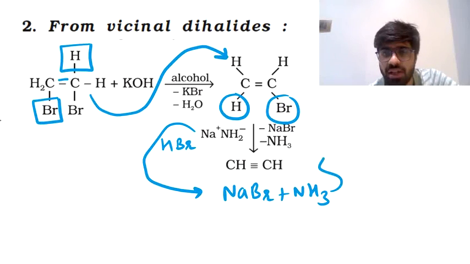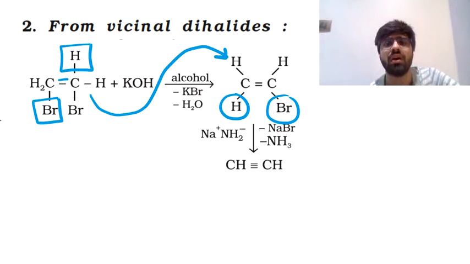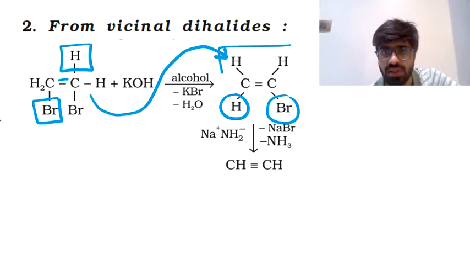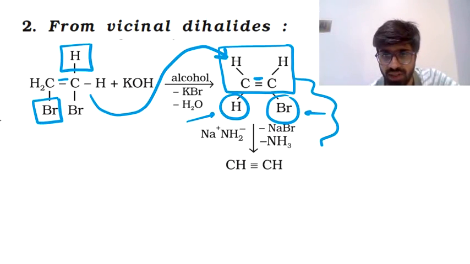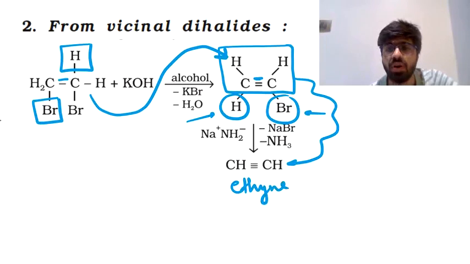That NaBr and NH3 has been written on the arrow here itself. And whatever is left over with us is this part of the molecule where there will be a triple bond getting formed between the two carbon atoms after removing hydrogen and bromine. So this compound finally is the one that you have here. So that's how you're forming an alkyne, that is this alkyne specifically being ethine or acetylene.